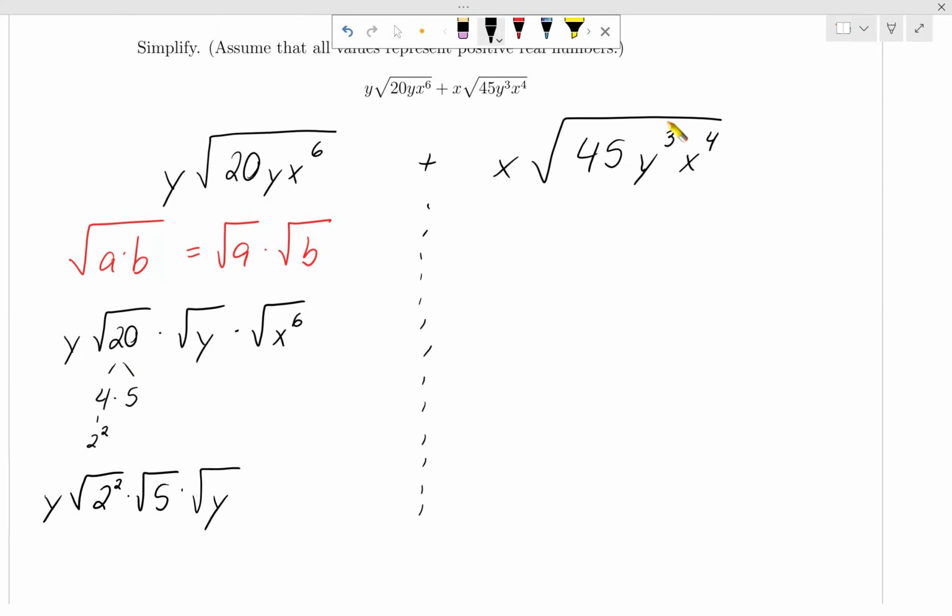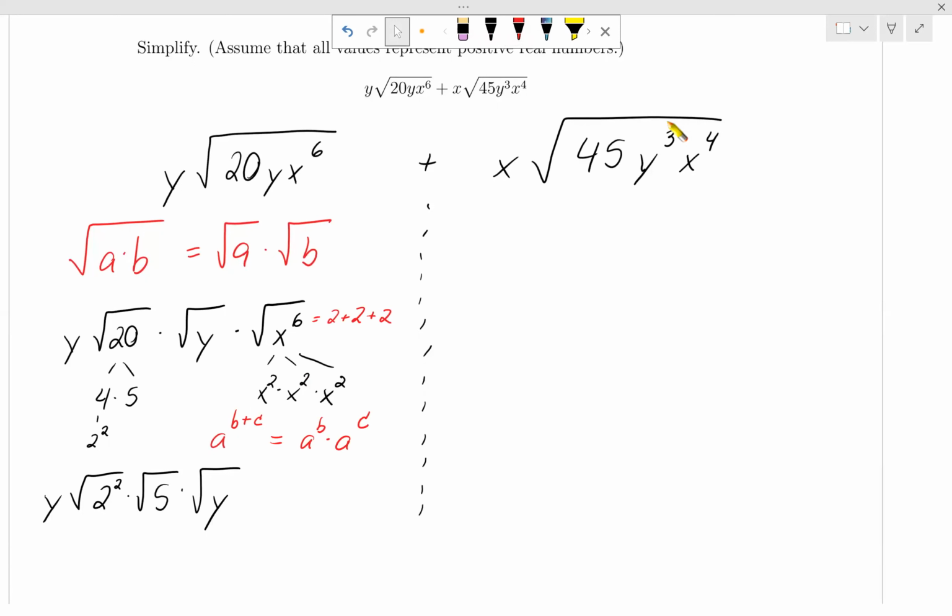And this x to the sixth, I'm going to split it up into x squared times x squared times x squared. And I can do that because we had a property with exponents that says a to the b plus c is equal to a to the b times a to the c. So I'm using this property to say I know that 6 is equal to 2 plus 2 plus 2.